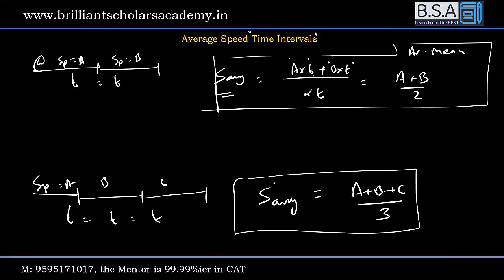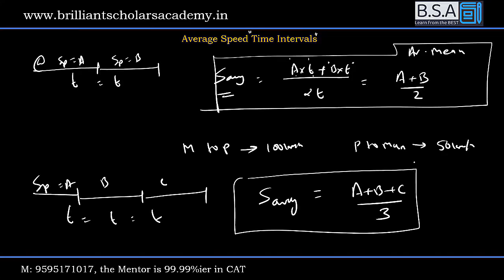Now, one very small question, it used to be asked in earlier times in interviews of IT companies, something like this. You go from Mumbai to Pune at 100 kmph and Pune to Mumbai, let us say at 50 kmph. What is your average speed?